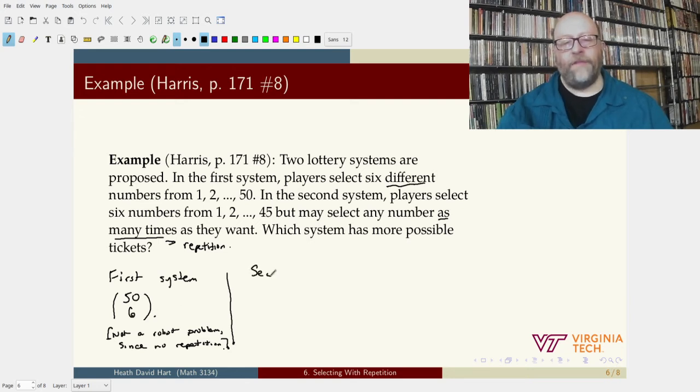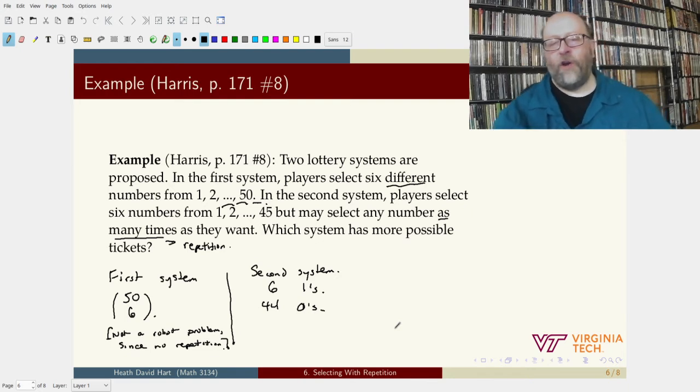In the second system, we have to have 6 ones because the player is selecting 6 numbers. But there are 45 numbers to choose from, which means there are 44 transitions. And so there would be 44 zeros.